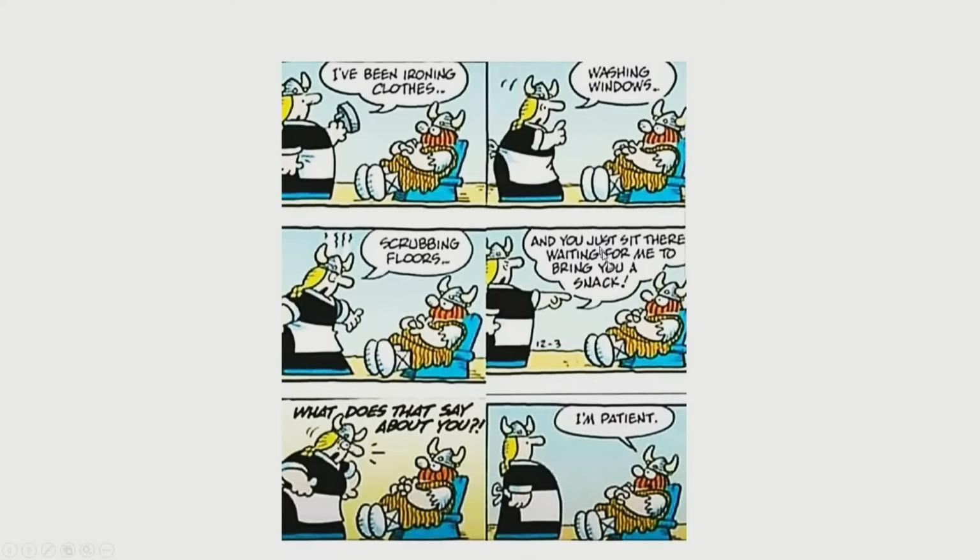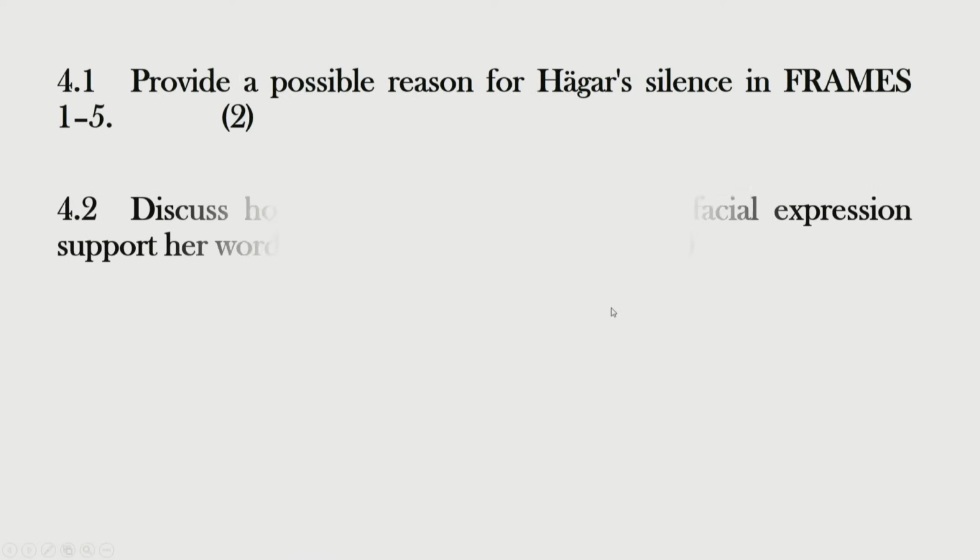And she is now becoming accusational: and you just sit there waiting for me to bring you a snack. Okay, you can almost hear the bite in those words. And there we can see she's angry. There we can see her body language is accusing. Okay, and I think we have answered the question. We have discussed it.